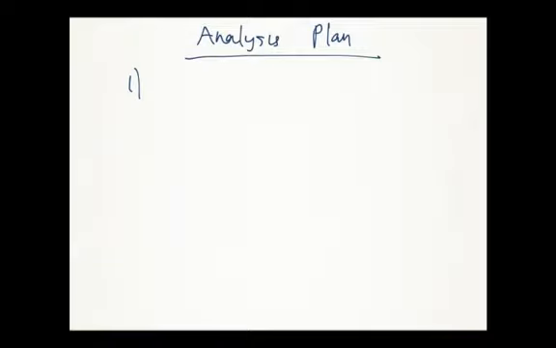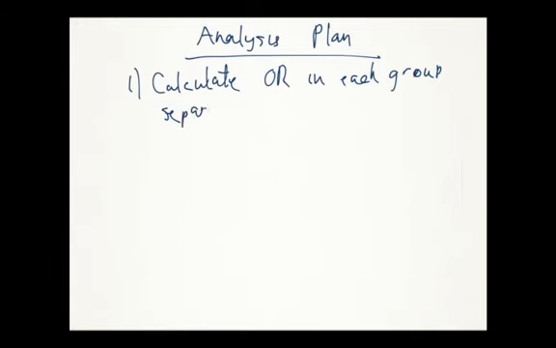So when we have multiple 2x2 tables, we first calculate the odds ratio in each group separately. Then we do this test of homogeneity. We test if the odds ratios can be combined.